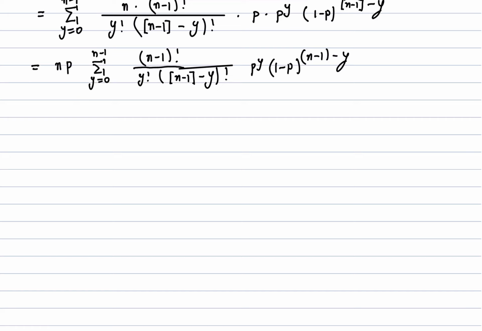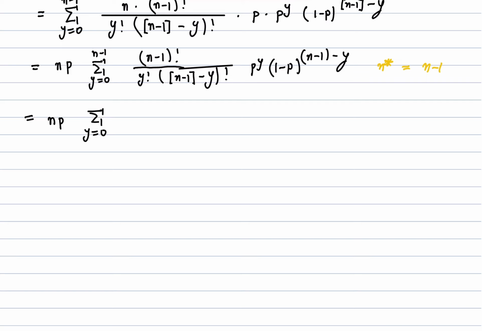What we're going to do next is label a new n star, equal to n minus 1. And by doing that, what we get in the next step is np, sum y equals 0.